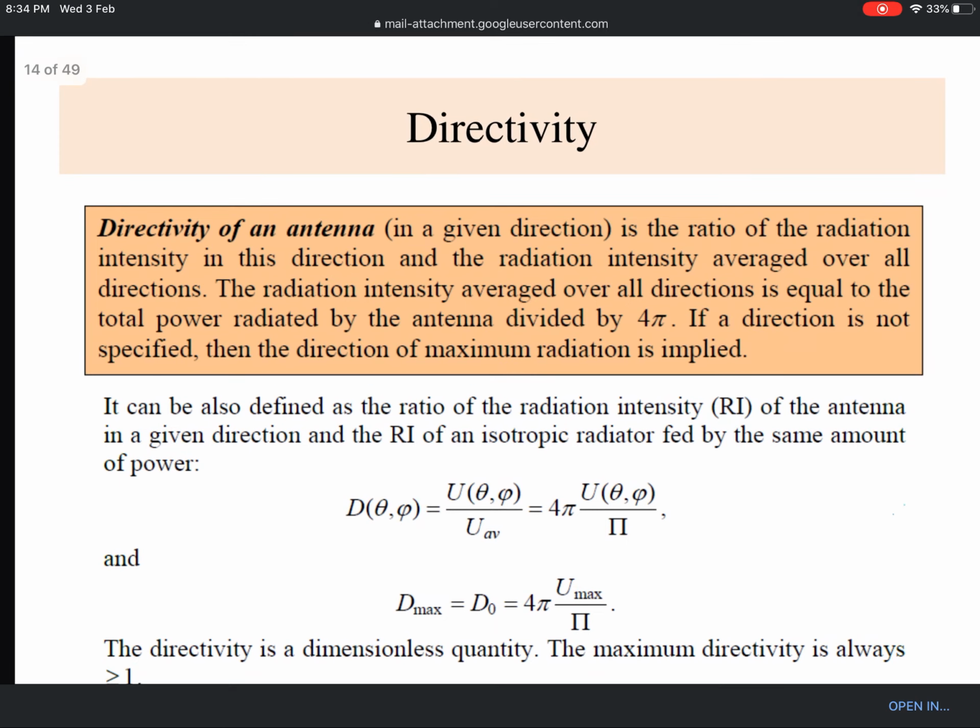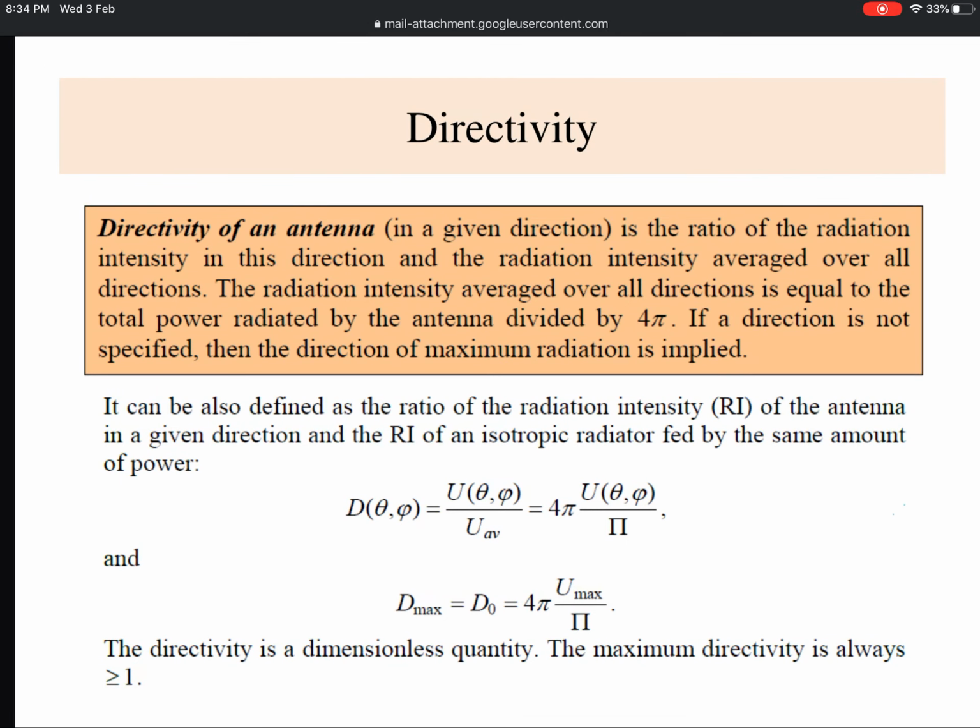So D theta phi is the radiation intensity in a particular direction, U theta phi, divided by the averaged radiation intensity, U average.